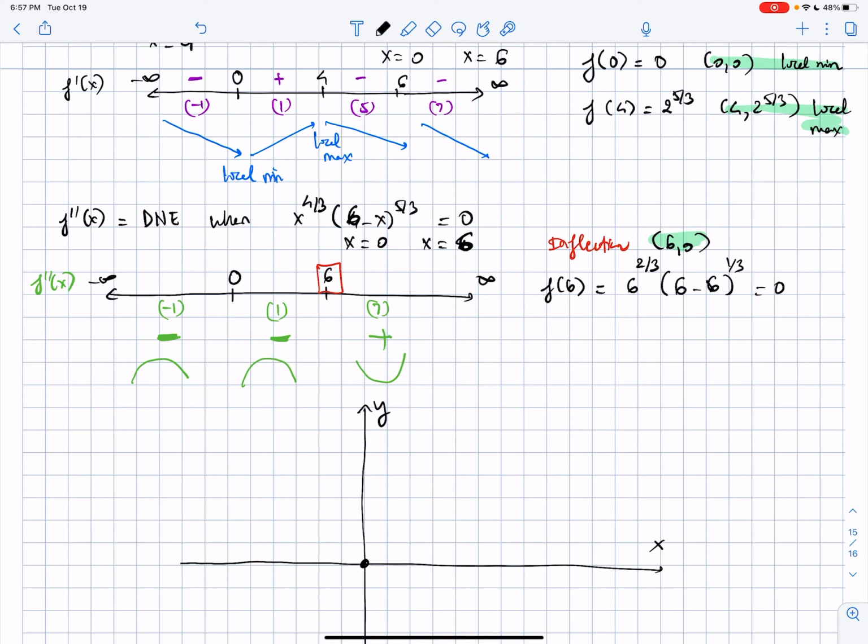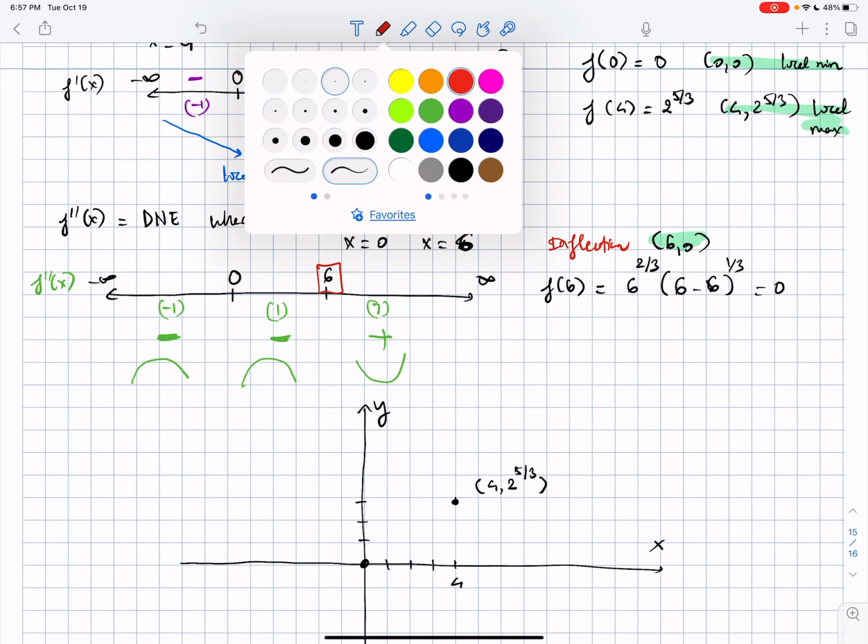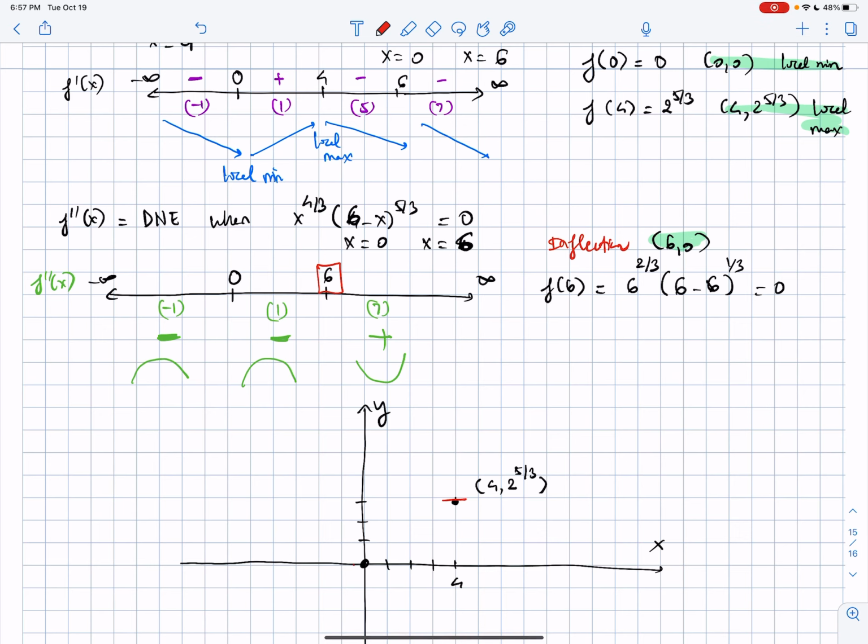And then we have 4 and 2 to the 5/3, which is about 3 something. So this point is (4, 2^(5/3)), the local max. Let's draw the tangent lines so that we can remind ourselves that these are the local max and local min.